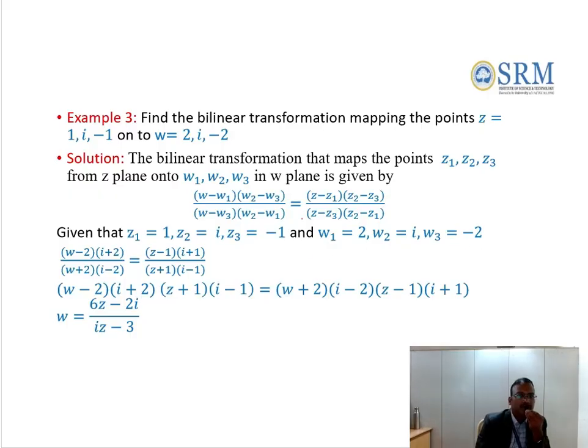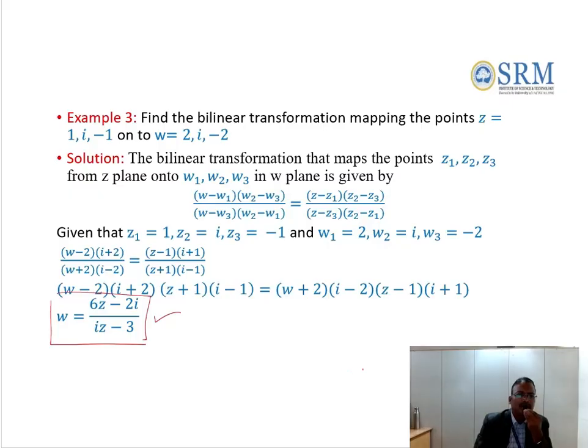Replace all these values in the formula. Then you just cross multiply, then group the terms, then you rewrite w in terms of z in the form az plus b divided by cz plus d. Right? That is the required bilinear transformation.